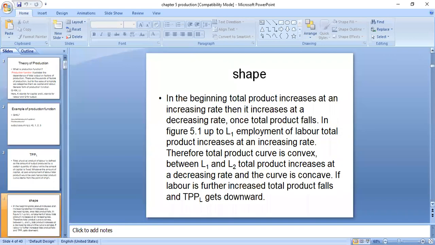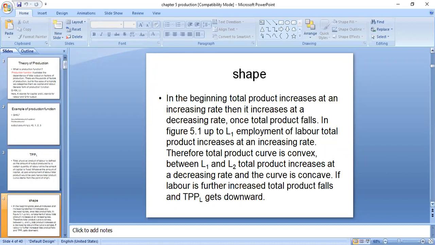Okay. Shape. How does it look like? Shape of TPP: in the beginning, total product increases at an increasing rate. Then it increases at a decreasing rate. Then the total product falls. Look at figure 5.1.